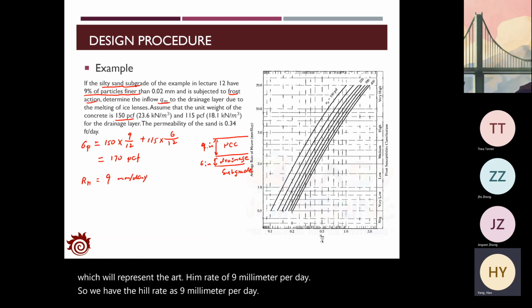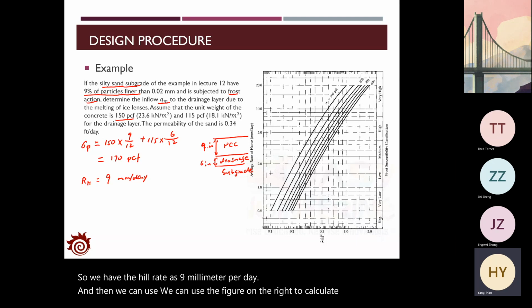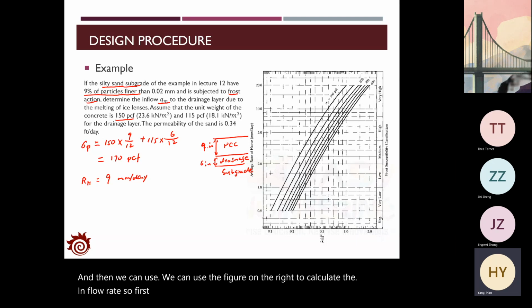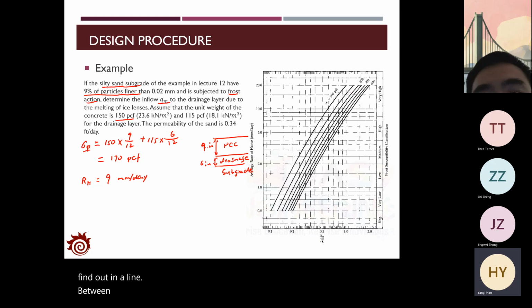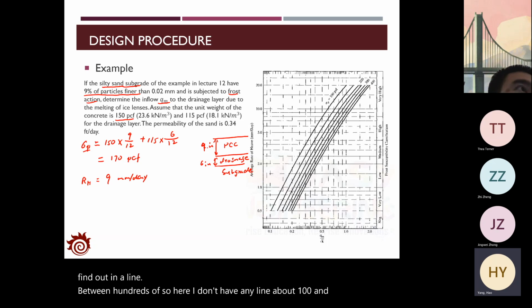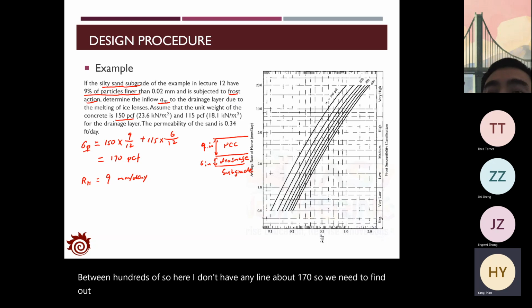And then we can use the figure on the right to calculate the melt inflow rate. So first, we know that sigma P is 170, which means that you need to find a line between 100. So here you don't have any line at 170, so you need to find an approximate line.